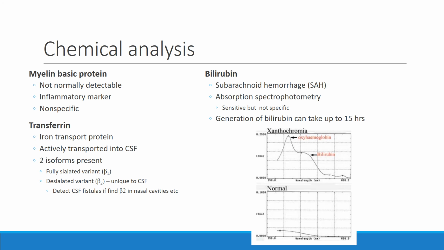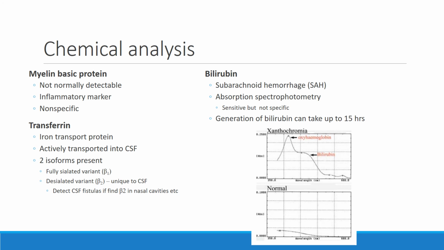Transferrin. I don't know if you've covered it in chemistry yet, but it's an iron transport protein. And actually, we do look for it in the CSF. It's supposed to be actively transported into the CSF. And it exists in two isoforms in the CSF, a fully sialylated variant, or beta-1, or a desialylated variant, beta-2.